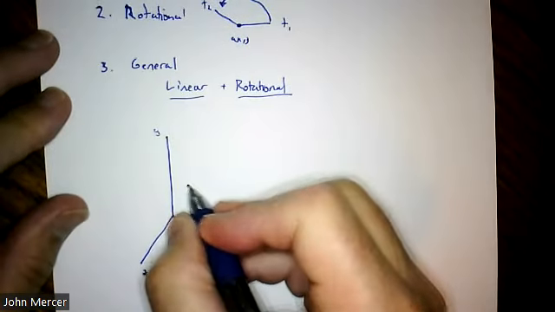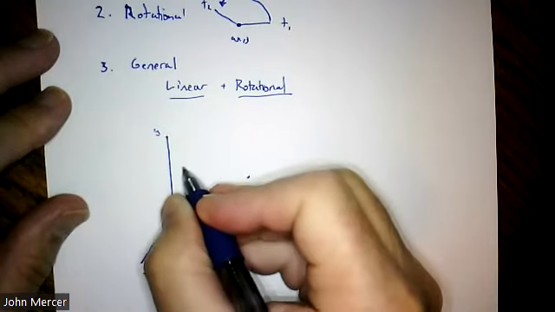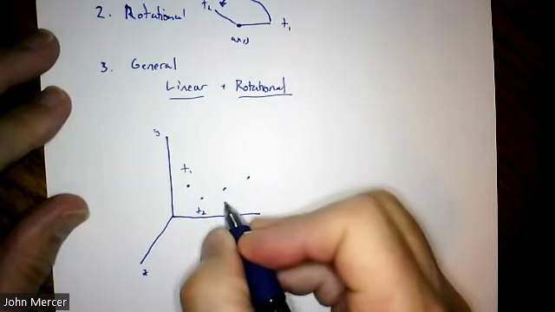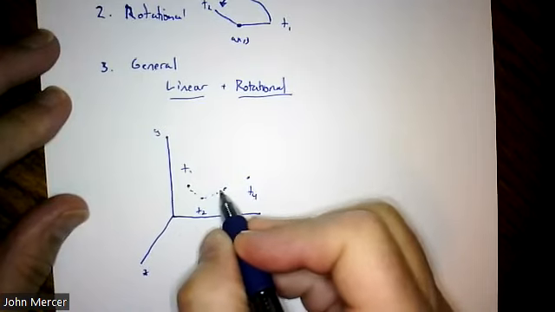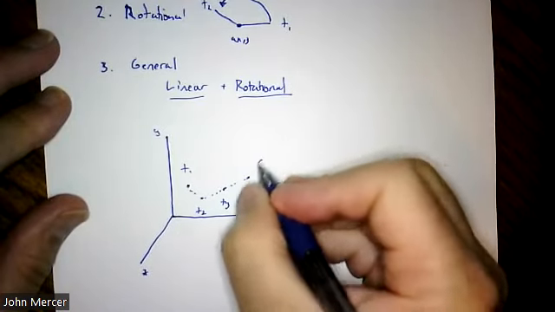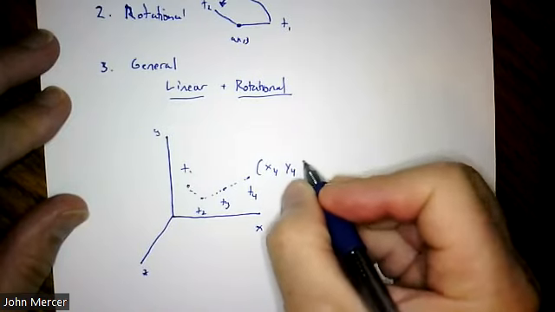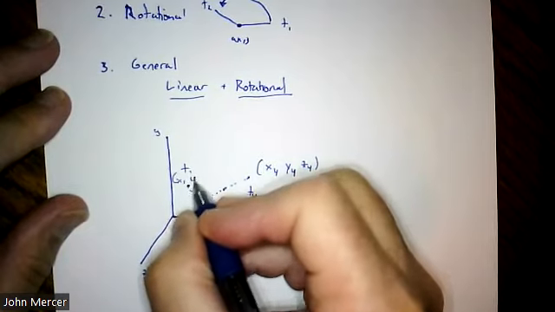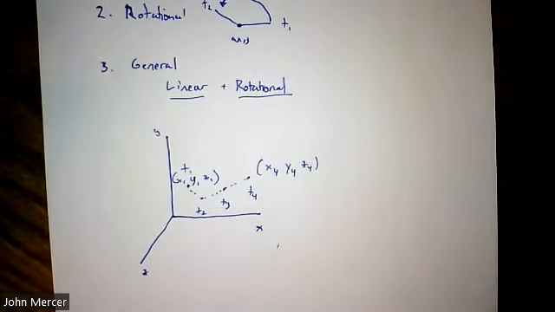And we can then track an object in space at different moments in time, T1, T2, T3, T4, and we can track the X, Y, Z coordinates: over here would be X1, Y1, Z1, and X2, X3, X4, Y4, Z4, and so forth.